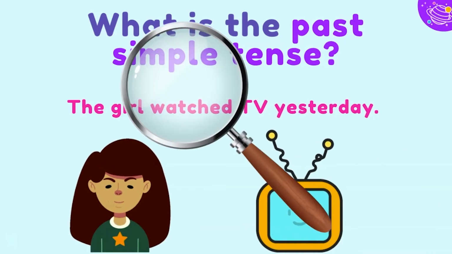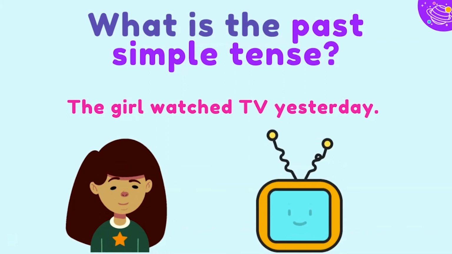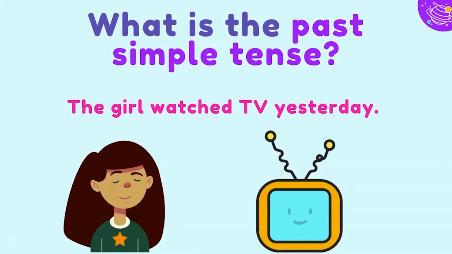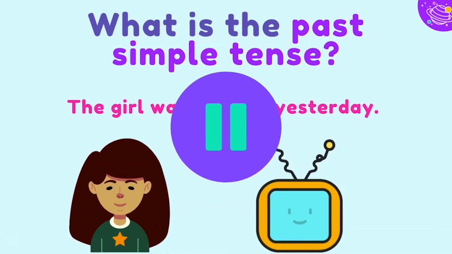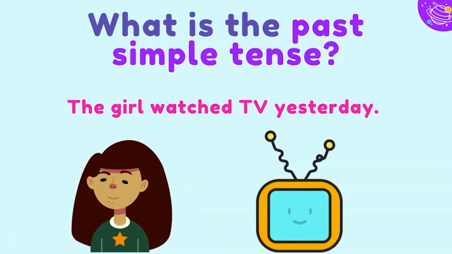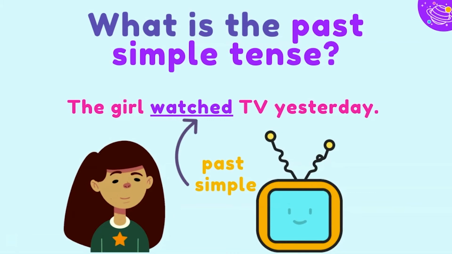Can you find the past tense verb in this sentence? The girl watched TV yesterday. Pause to think or keep watching for the answer. So the past tense verb is watched.